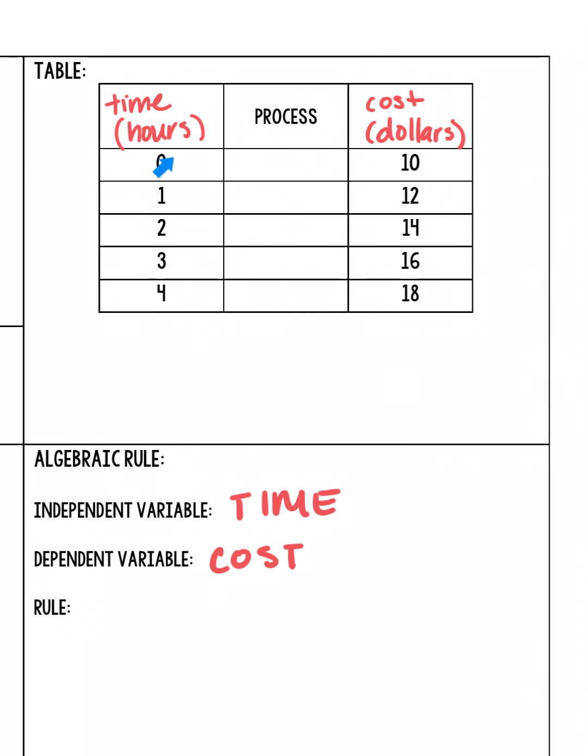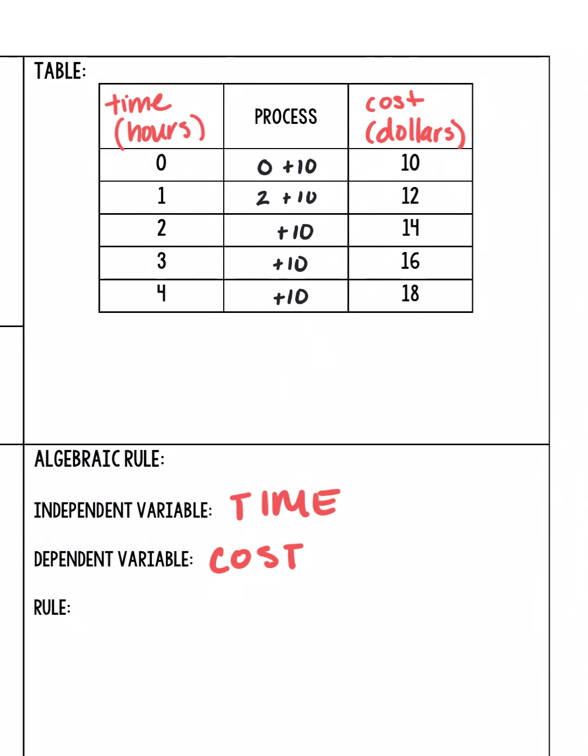So the only way to get from 0 to 10 is to take 0 and add 10 to it. So I know that's going to have a plus 10 in my rule. It's the only way to get from 0 to 10. So the next thing I want to look at is, where did all this other information come from? Well, to go from 10 to 12, I really had to add 2 to it.